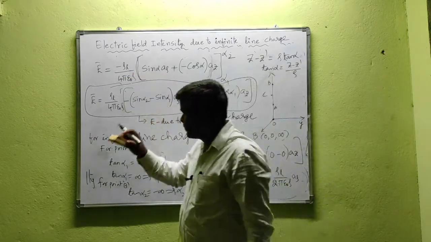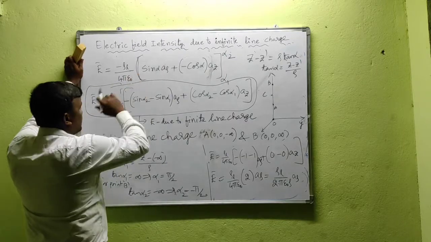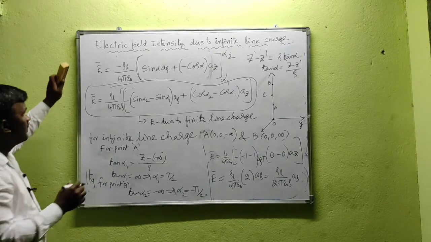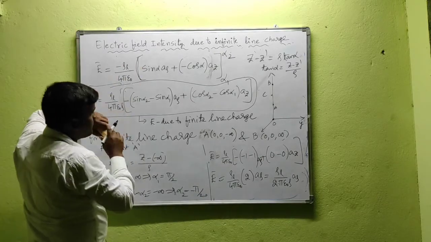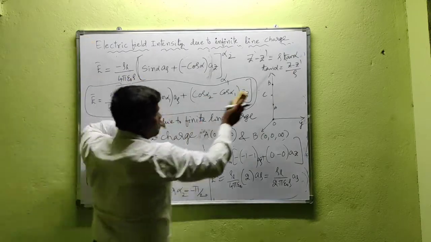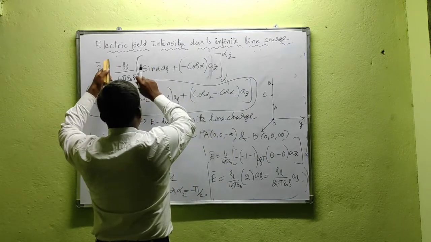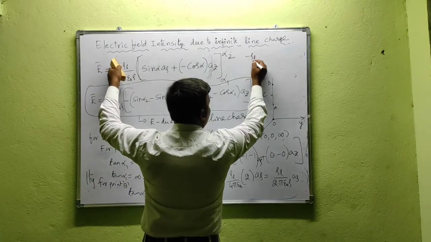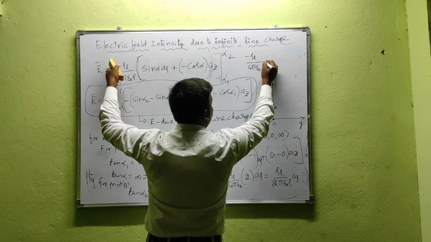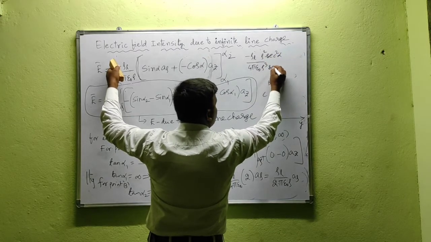Actually here you will get what? Sin alpha, rho L by, before this we got what? Expression, minus rho L by 4 pi epsilon rho. Why? Basically before that expression we got minus rho L by 4 pi epsilon naught, here rho square secant square alpha, here rho cube secant cube alpha.